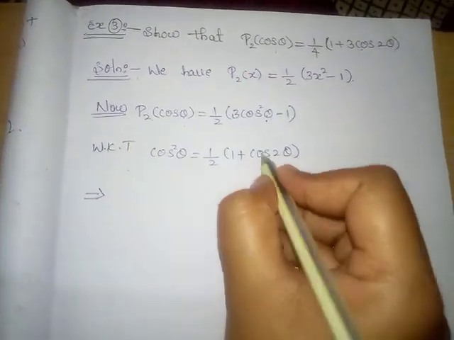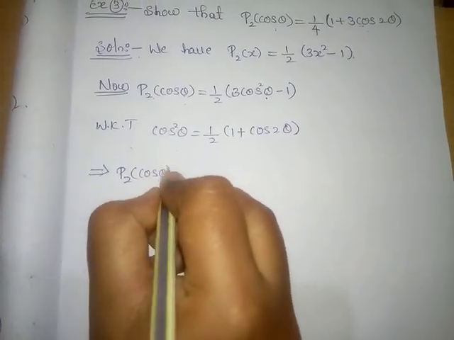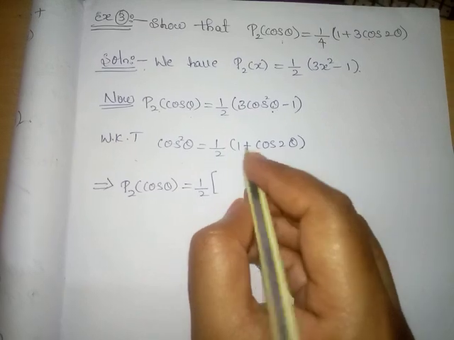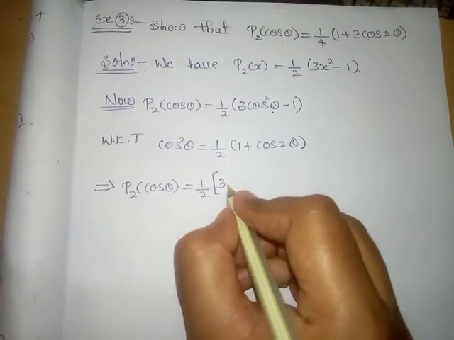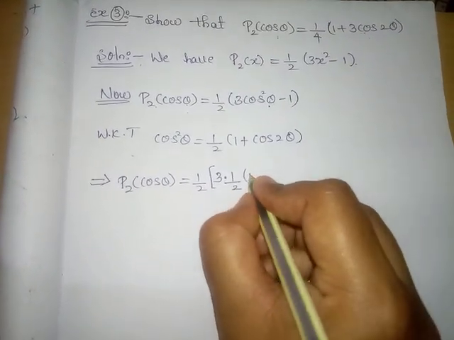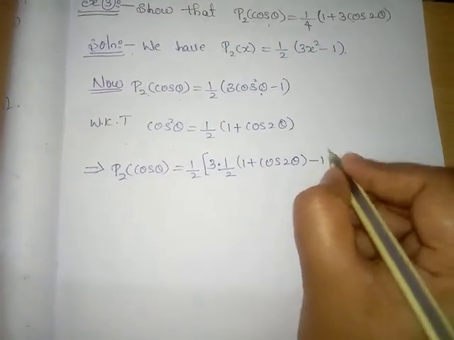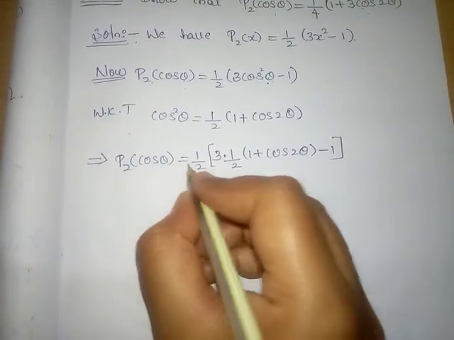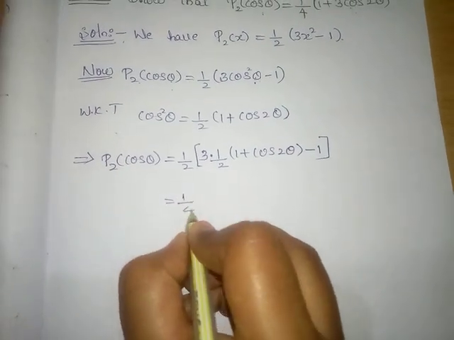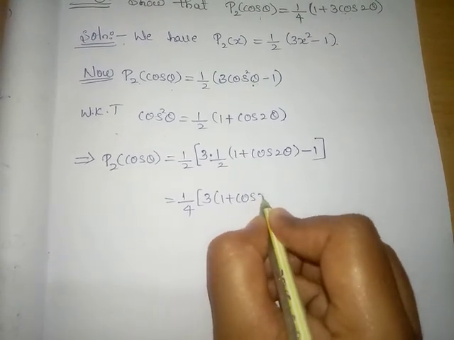Which implies, substitute cos square theta as this one, we get P2 of cos theta is equal to half into, here 3 as it is, right? 3 into 1 by 2 cos square theta is 1 plus cos 2 theta minus 1, which is equal to, I will take this half here so that it will be 1 by 4 into 3 into 1 plus cos 2 theta.